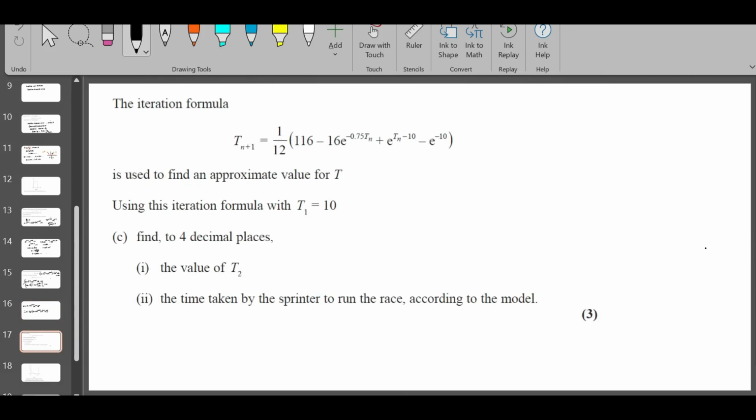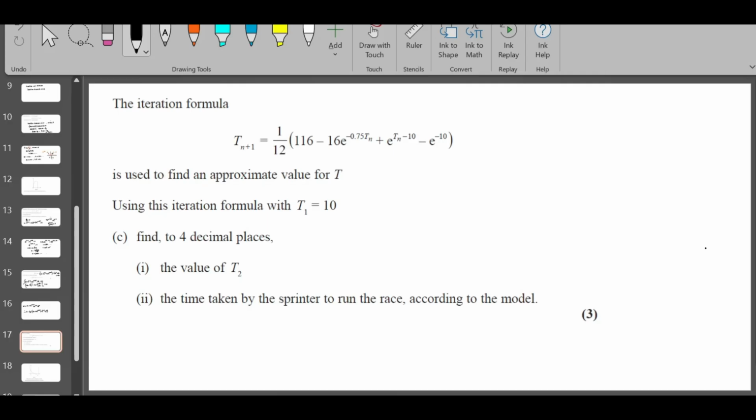Part C now. The iteration formula, they change the answer from the previous part to an iterative formula, is used to approximate the value of t. Using this iteration with t1 as 10, find t2 and the time taken by the sprinter to run the race.